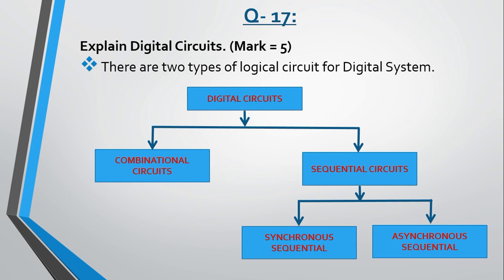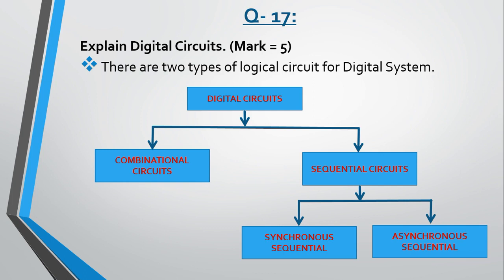There are two types of digital circuits which are used for the logical system. The first is the combinational circuit and the other is known as the sequential circuit. Sequential circuit again contains two types: asynchronous sequentials and synchronous sequentials.